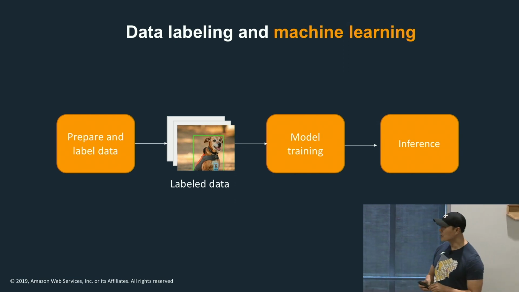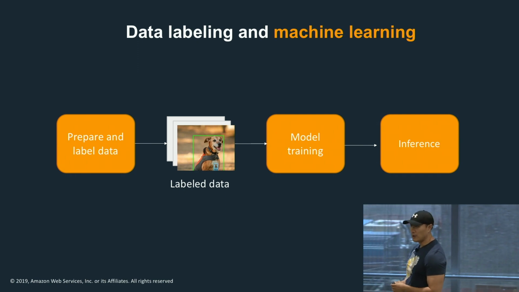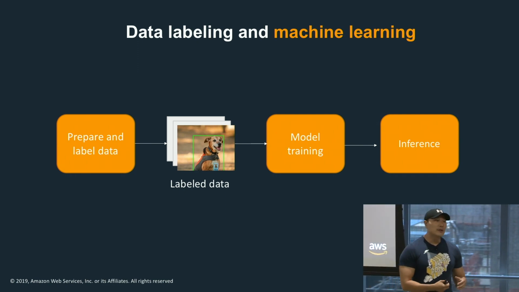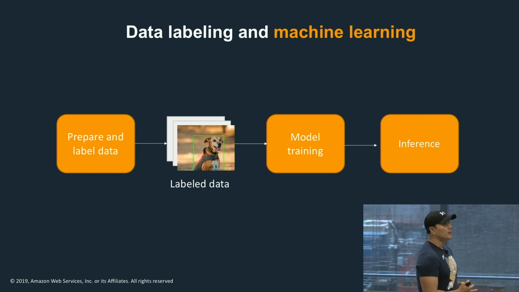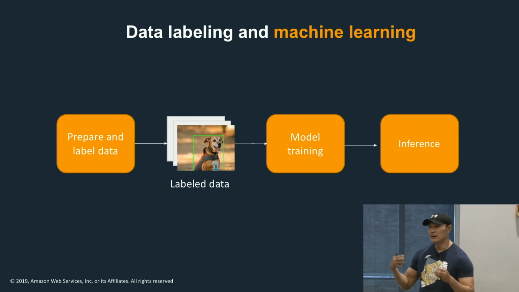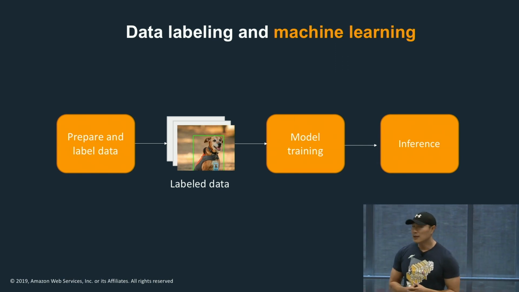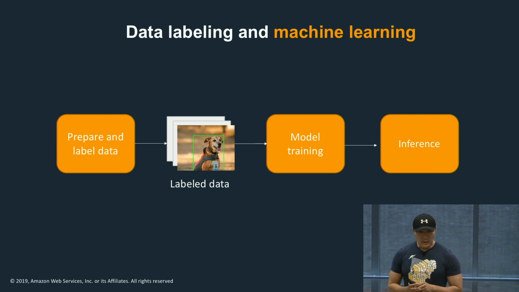Once you have that model trained, you can start doing inferencing. You can feed in some images and say, hey, is there a dog in here? Detect that dog, label it, and tell me where it is. A very simple problem, but without labeling data, you will not be able to get that at all. The machine will never see that dog.